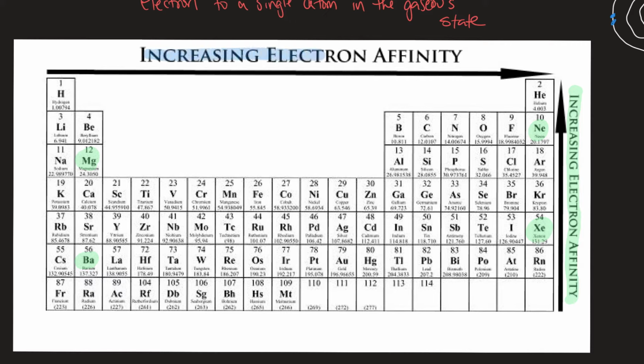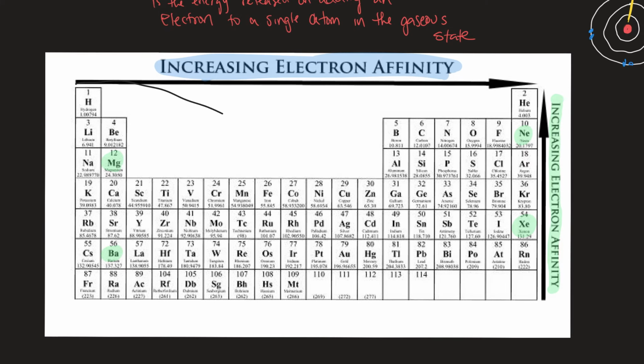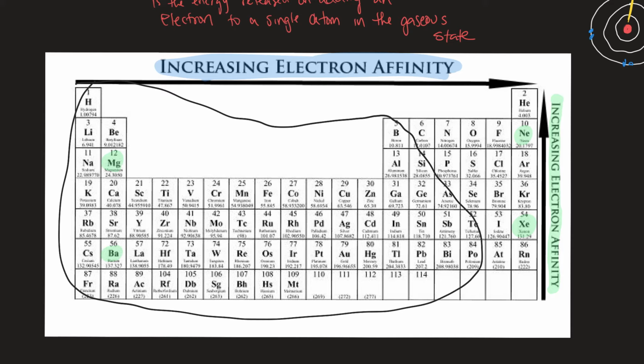But as you go to the right, which is the more important part that we're going to talk about, we see electron affinity increases. Going back to the groups we were talking about earlier, or mostly 2, if you look at our metals here, we see that our metals have low electron affinities, while our non-metals tend to have high electron affinity.